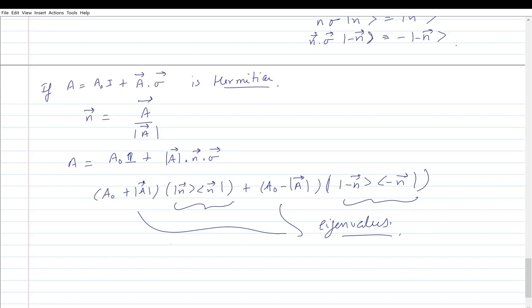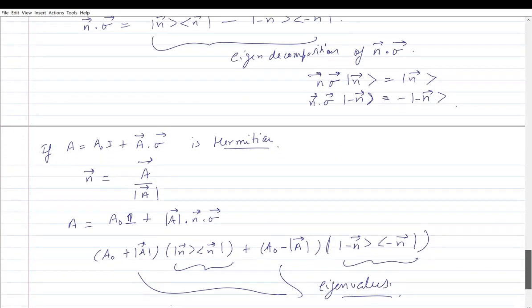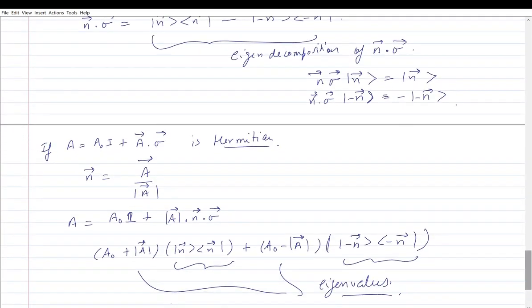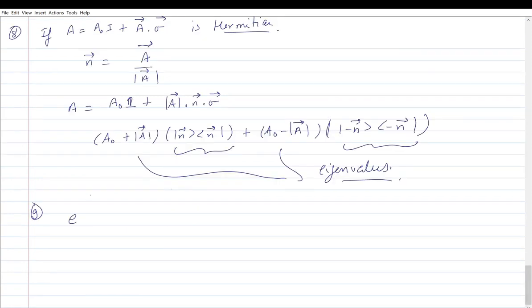Okay, so some more properties. Maybe this was the eighth property. If I exponentiate this iota n sigma gamma, that is nothing but this guy. So what about my observables?